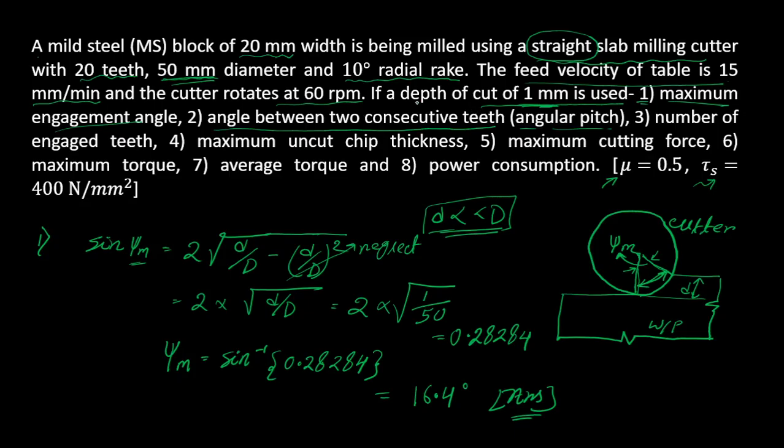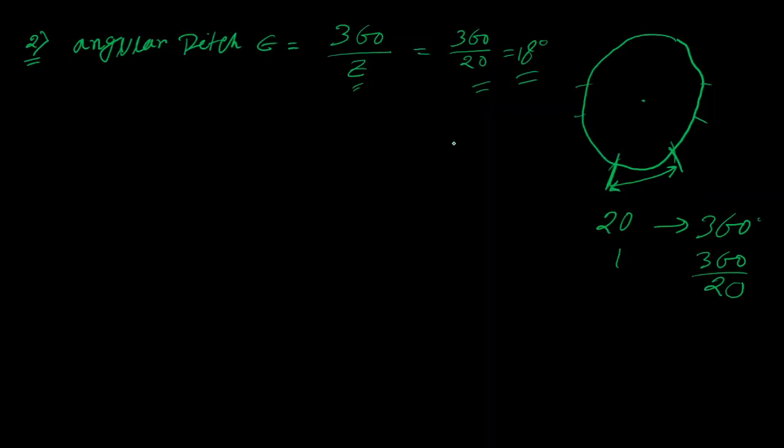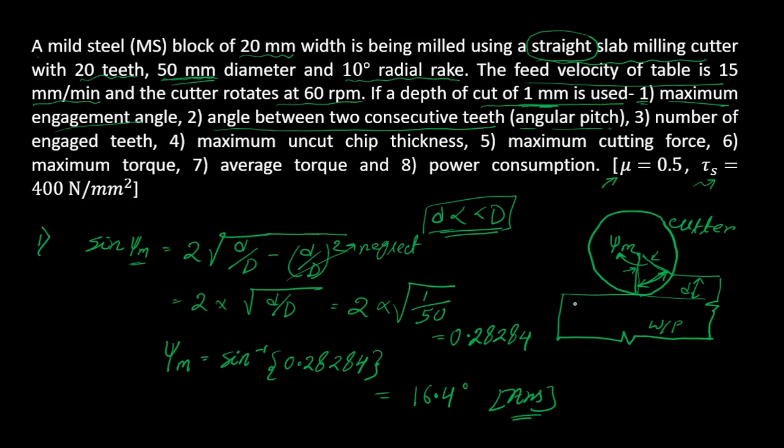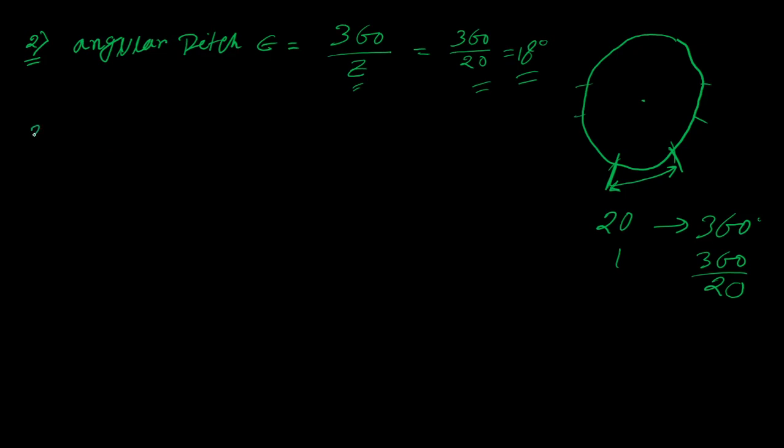Now the third question is the number of engaged teeth. Now listen. Previously, in the first question, we calculated the angle engaged between the cutter and the workpiece, and we also found the angle between two consecutive teeth. Now in the third, we have to find the number of engaged teeth.